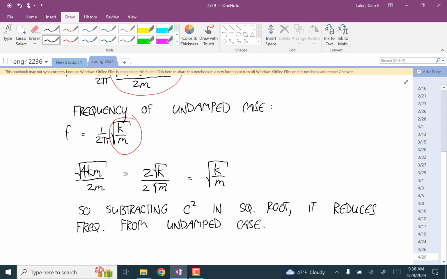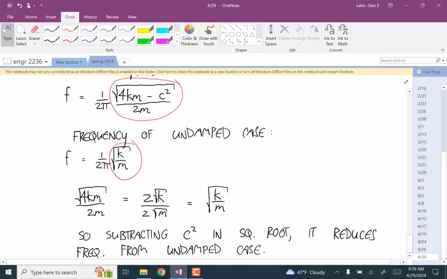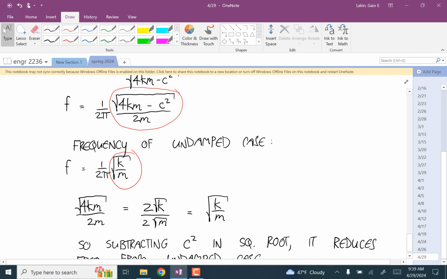Yeah, I'm just a bit confused about the square roots here. So in this part, it's the square root of k over m, and then on the left there, is that square root supposed to be over the whole equation? Tell me where.